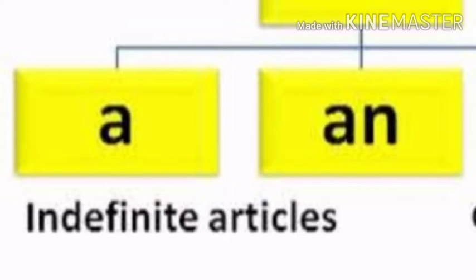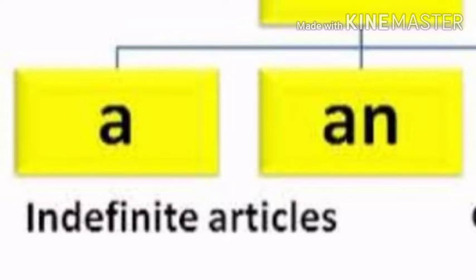An is used before words starting with vowel sounds, like an ant, an egg. So the first letter of the word ant, A, is a vowel sound, so we use an as an article before a vowel letter.